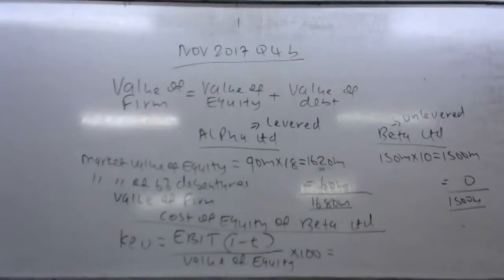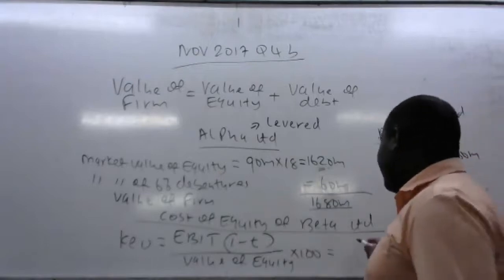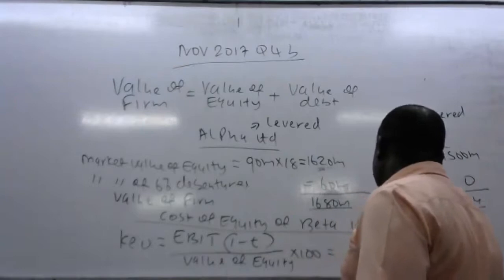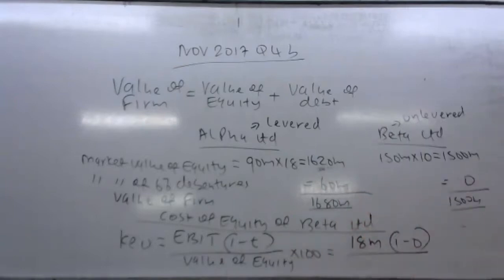Both of them were having the same profit before interest and tax. So what are we given as the profit before interest and tax? It is also 18 million, but they say there was no tax. So the tax rate is 0.